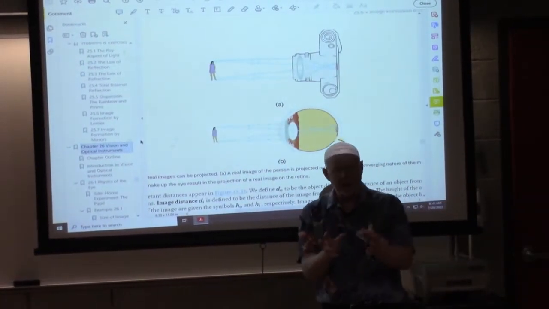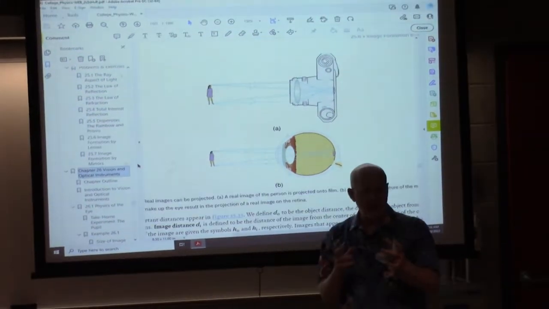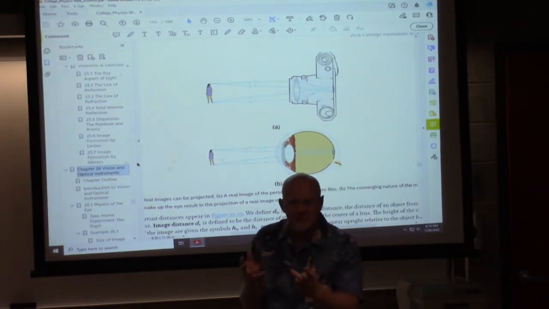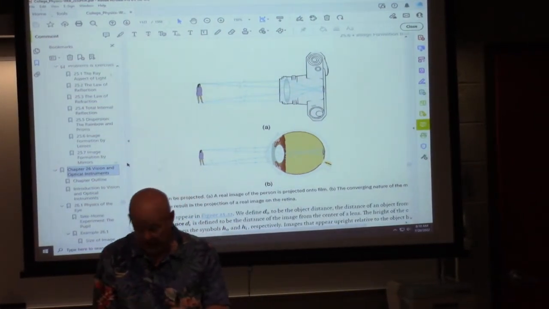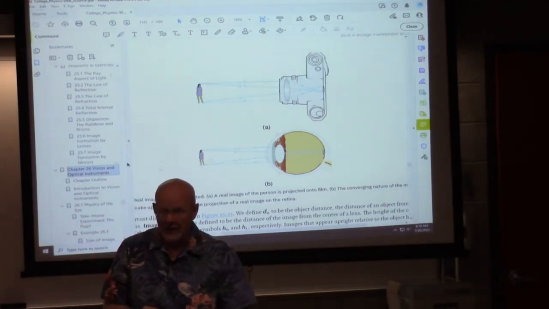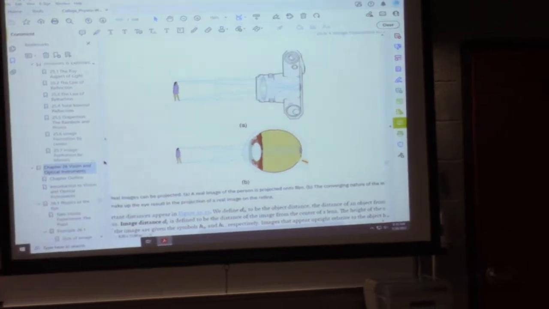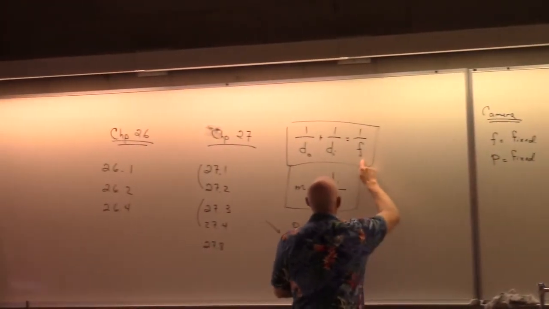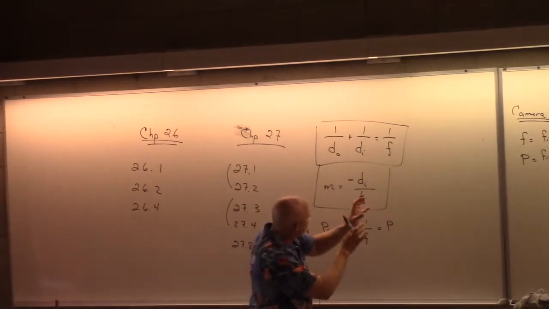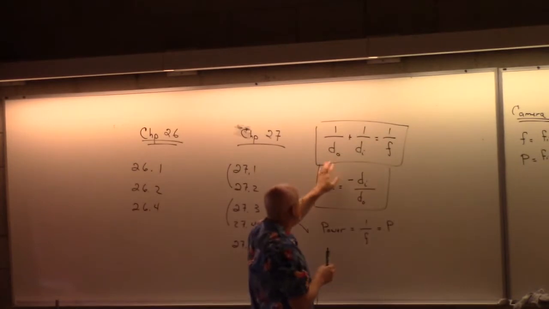But my point is, for the lens in the camera, and I'll just pick on the most common camera, the 35 millimeter camera. Well, that means the lens has a focal length of 35 millimeters. And it's fixed. You can't change it. And so what I'm trying to say here is, because the focal length is fixed, for you to take a picture of something, there's the object distance, since that could vary.